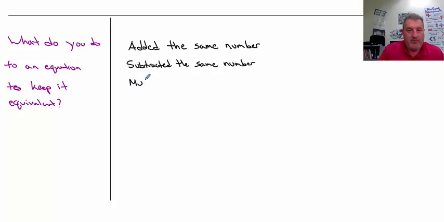We also divided. So multiplying and dividing are related.